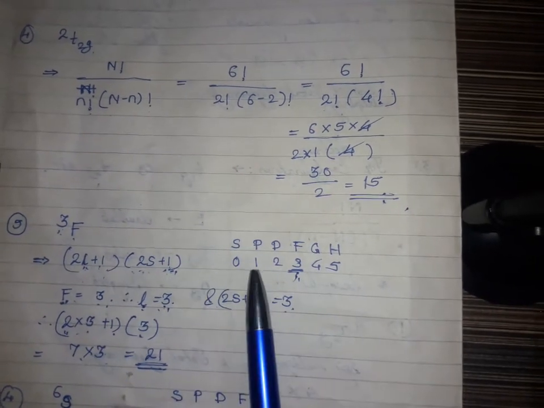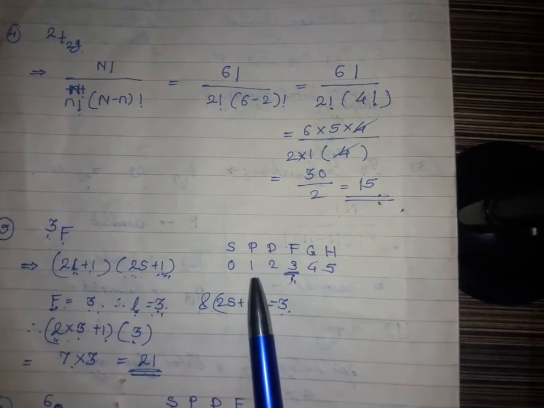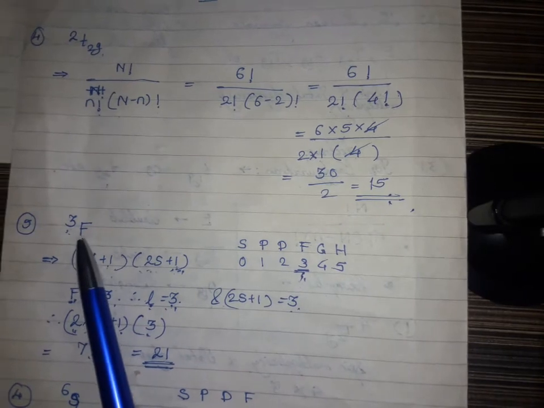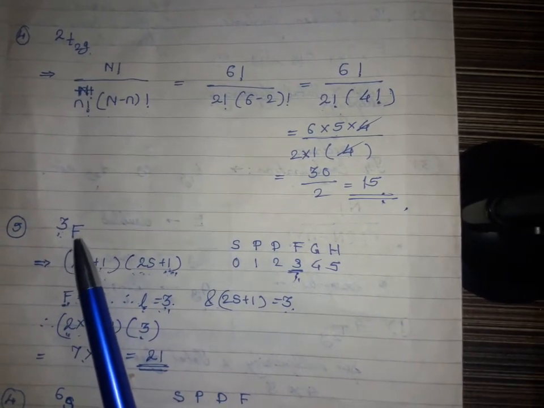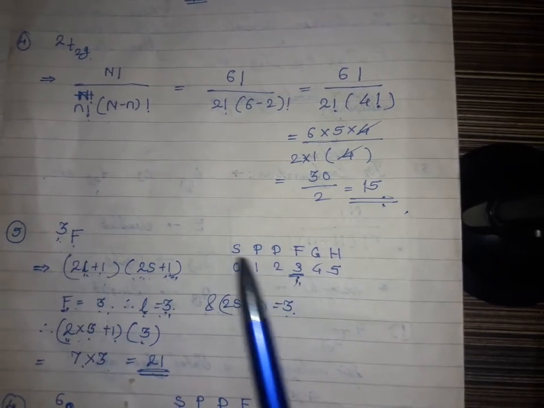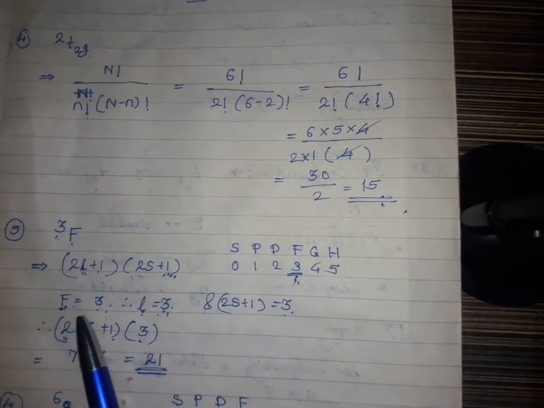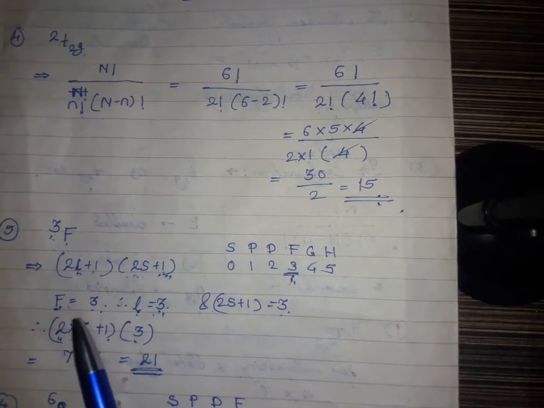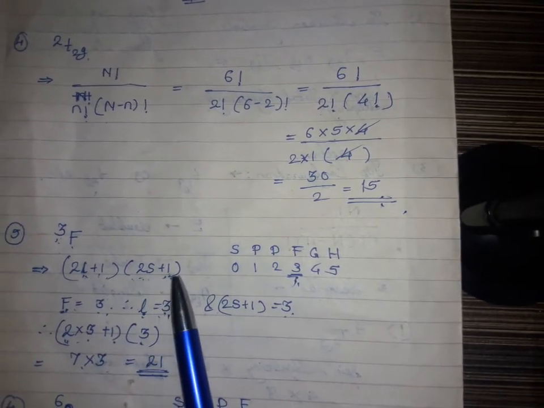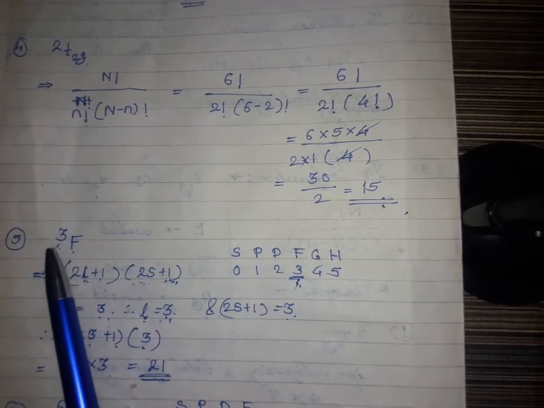Now take the S, P, D, F, G, H terms. For S, ml value is 0, for P the ml value is 1, for D the ml value is 2. In this case the term is F, so the ml value must be 3. So L is equal to 3. Put the L value, 3, into this formula, and 2S plus 1, the spin-spin coupling, is 3.